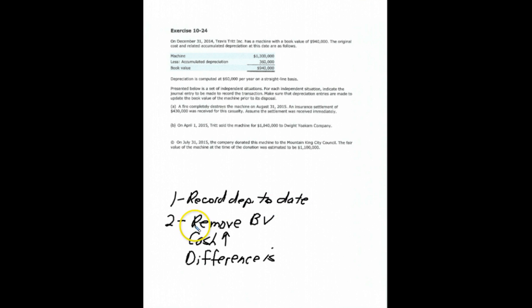Secondly, we record the sale. We give up the asset, so remove its book value. Cash comes in, and usually those will not equal. The difference is a gain or a loss.